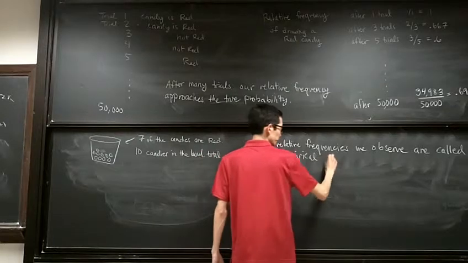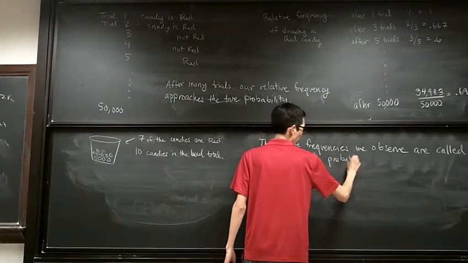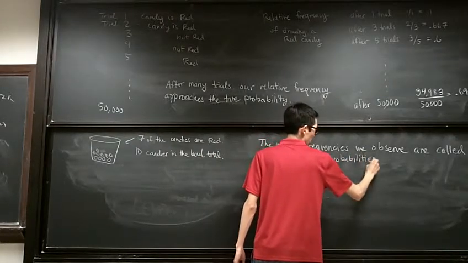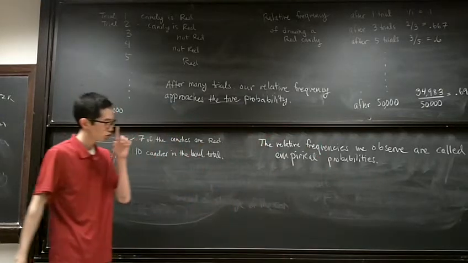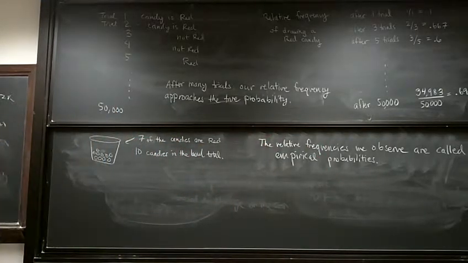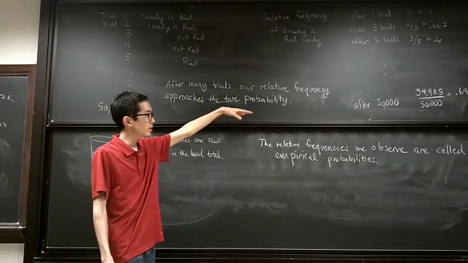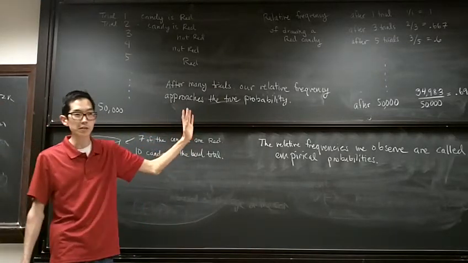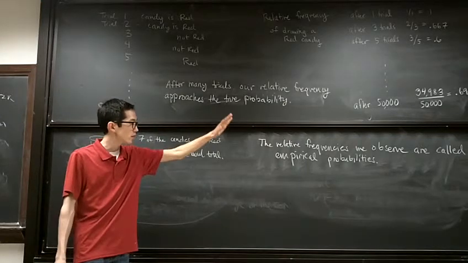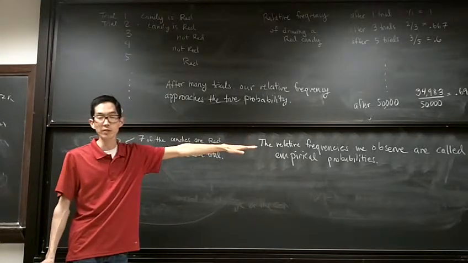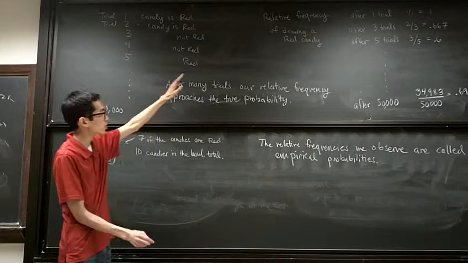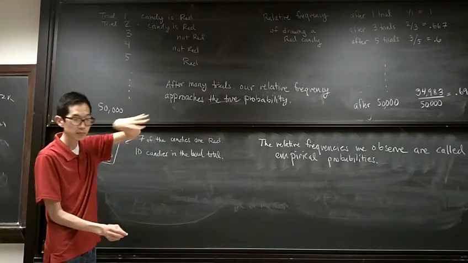True probabilities. Alright. So the relative frequencies we observe are called empirical probabilities, and what we see is that after many trials, the empirical or relative frequencies approach the true probability. Okay?